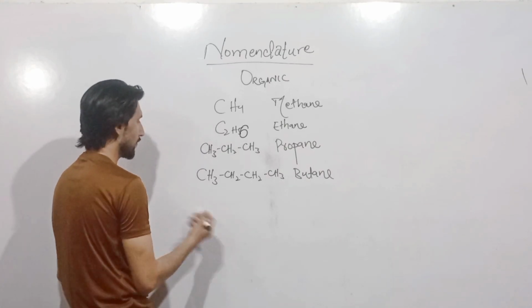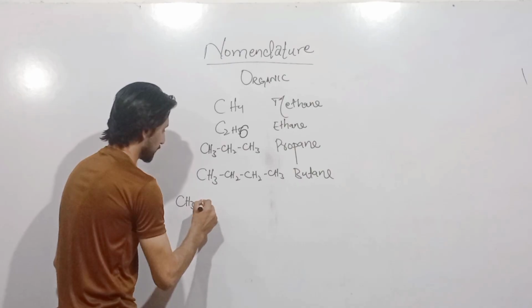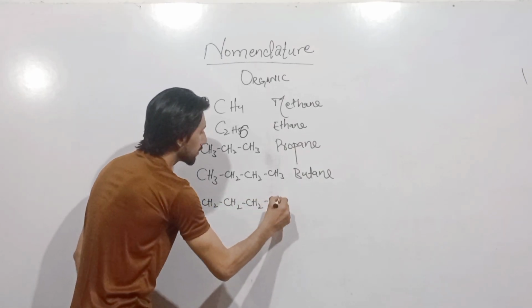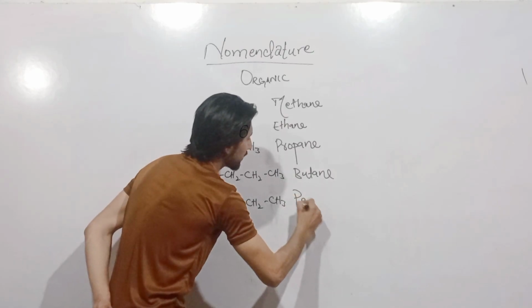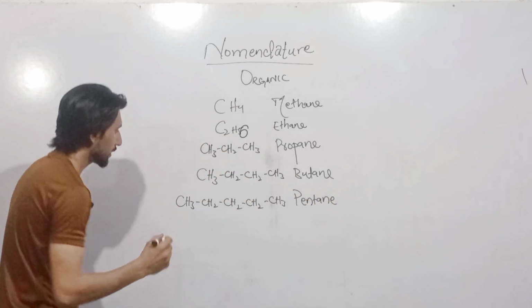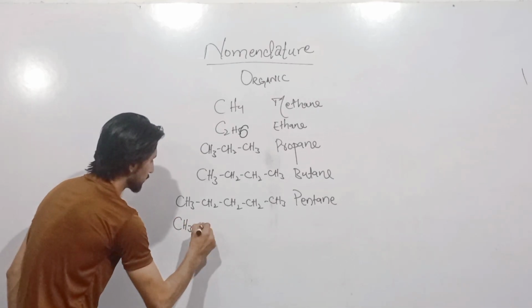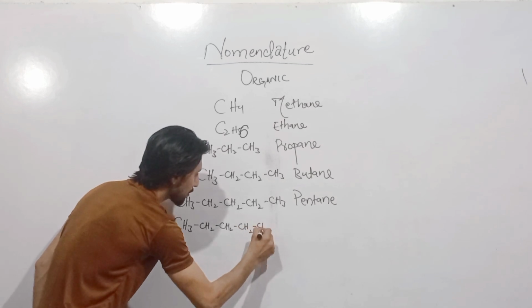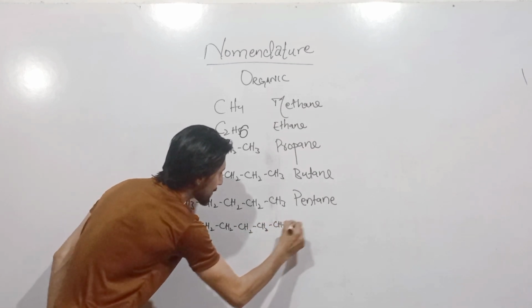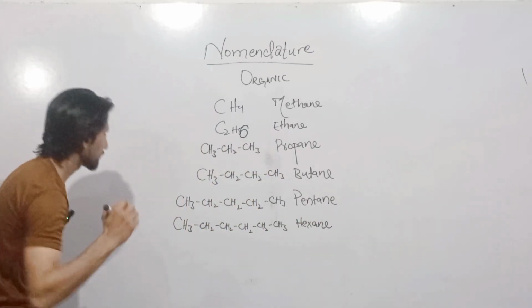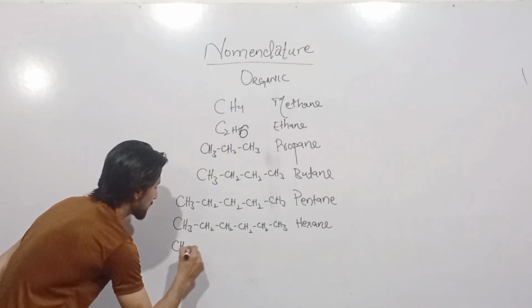And the fifth member of this, we call this one pentane. And the sixth one is hexane.